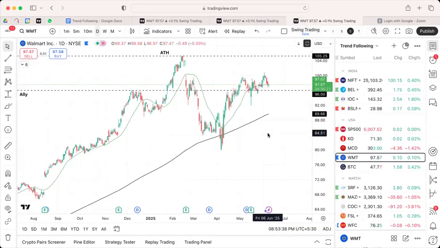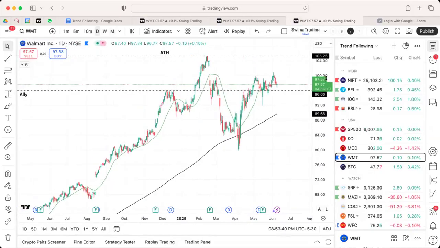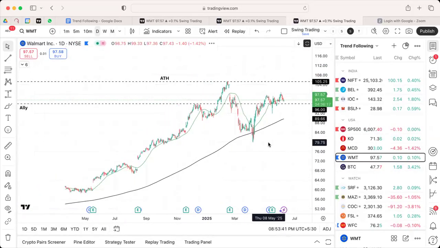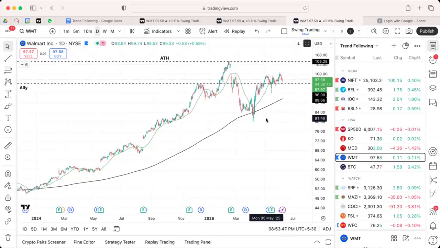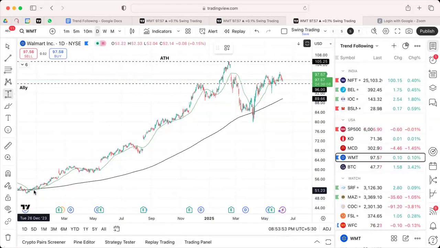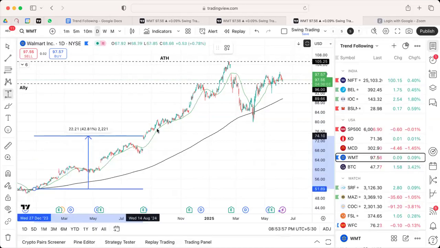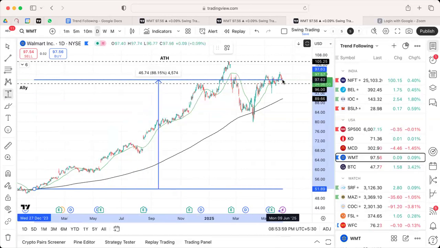Now you go to the daily chart, and this is where you make your entry and exit decisions. Remember, McDonald's didn't really make much of a gain, very little. But look at Walmart, from the time that the 20 went above the 200 till right now, that's about 88%, from December 23 to June of 25.